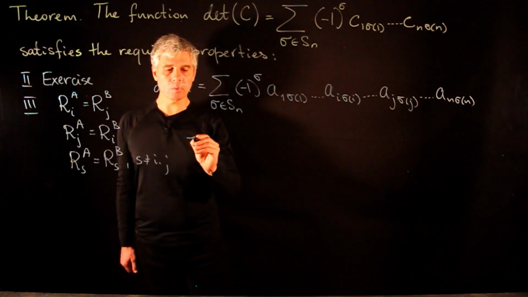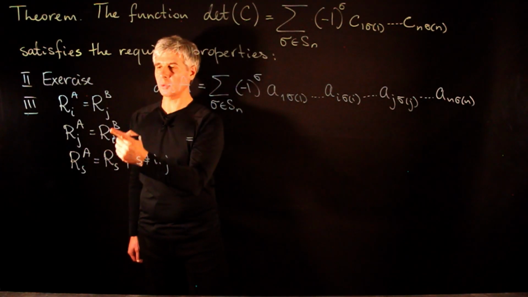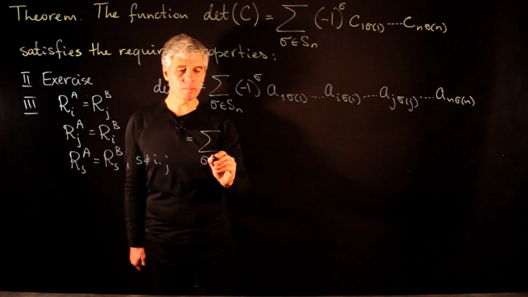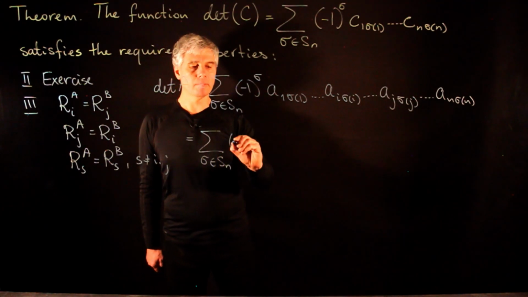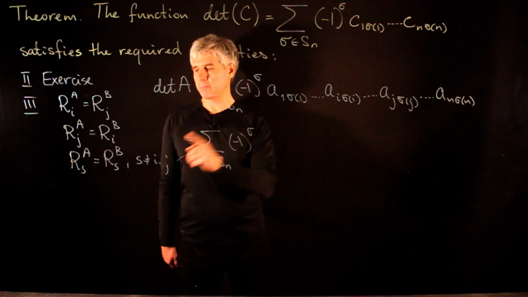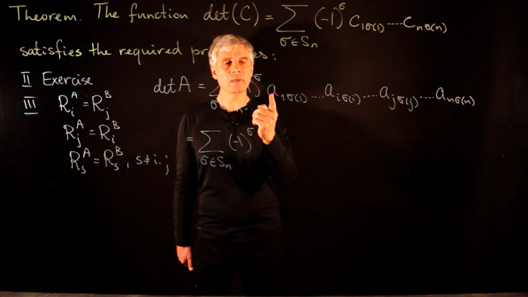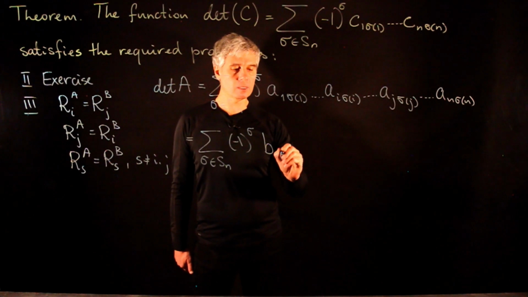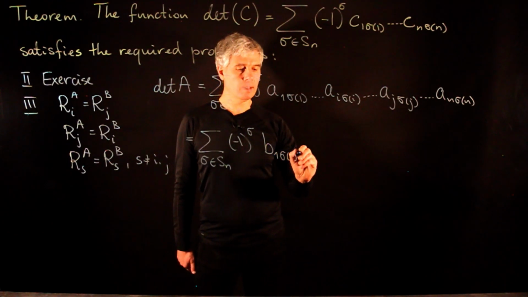So this equals. Now let us switch to the notation of matrix B. So we get the sum over σ in S_n of (-1)^σ. Now row number 1 in matrices A and B are the same, so we get b_{1,σ(1)}.